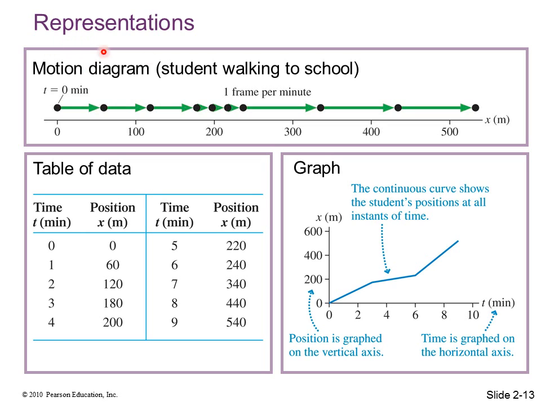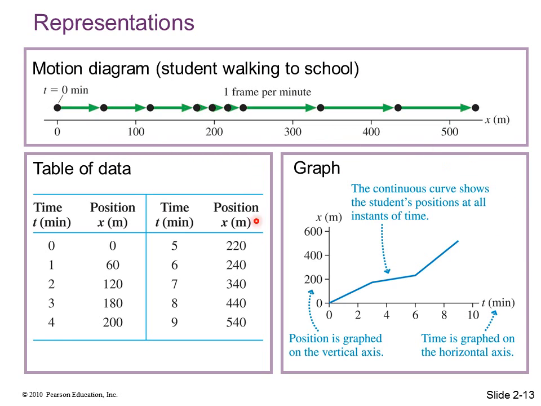So representations: we have multiple representations of what's happening in a particular physical situation, a student walking to school, and you can see we're using the same tools here, the point particle diagram and a table of data down here, and then we graph it. You will be responsible for looking at this and talking about what's happening with the student.